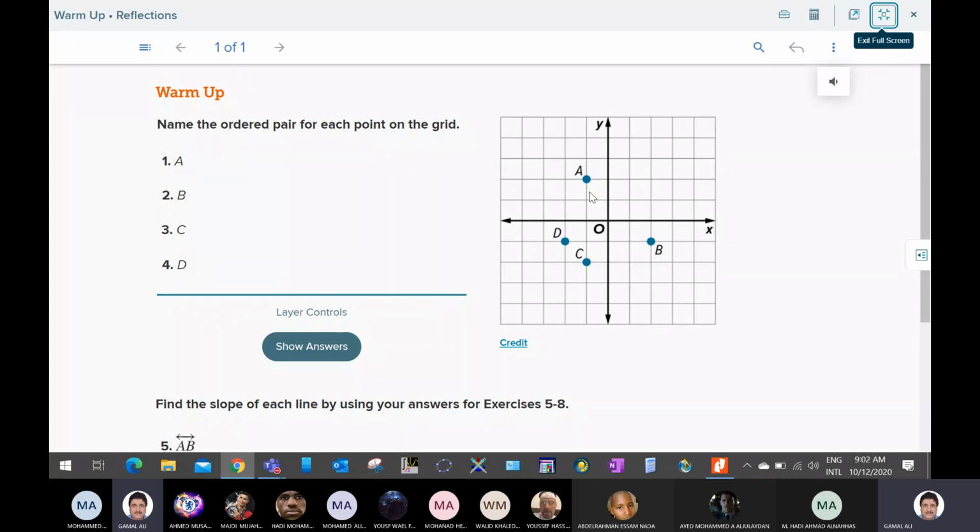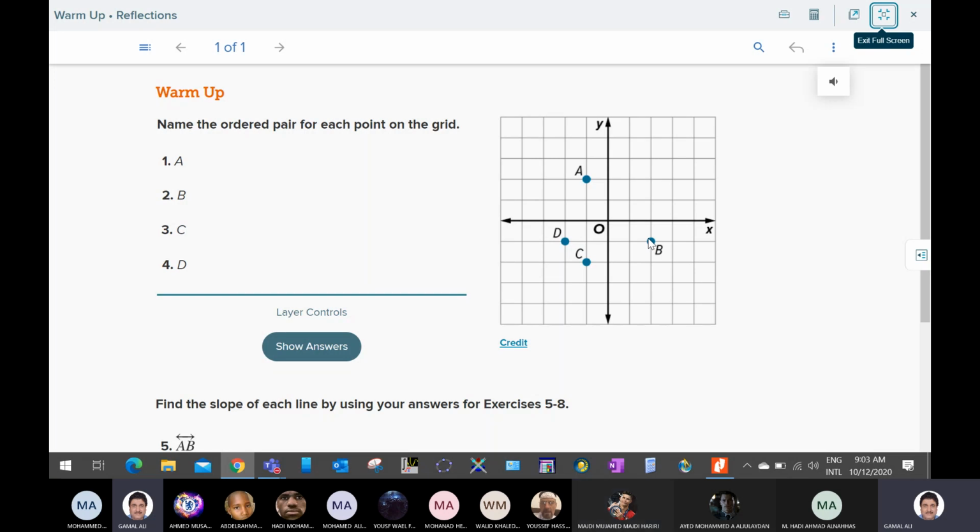Point B. Point B is x 2, y negative 1. Negative 2 and negative 1? Okay.